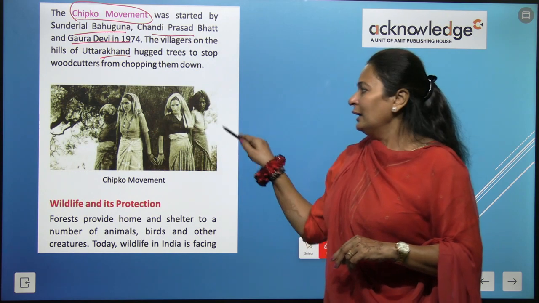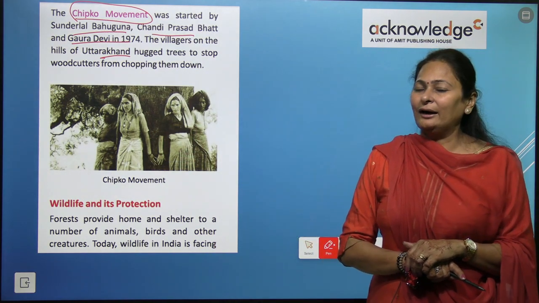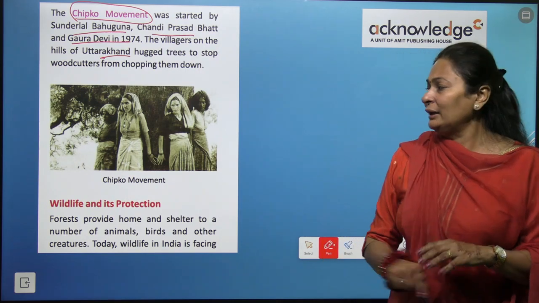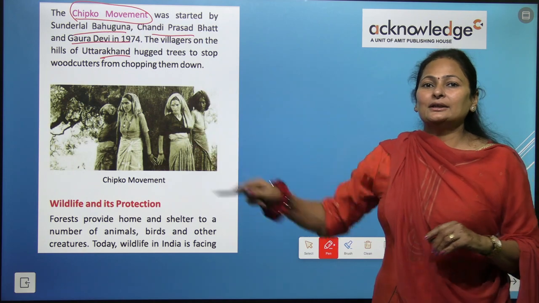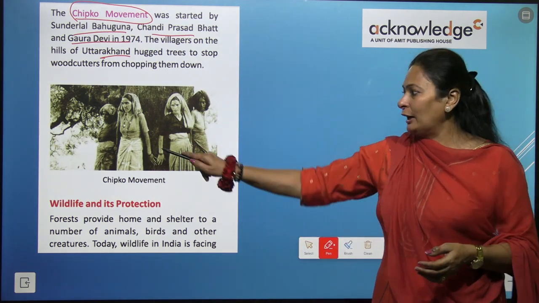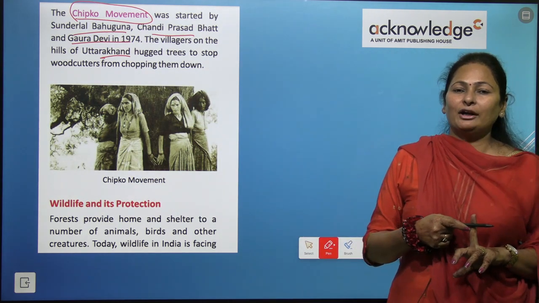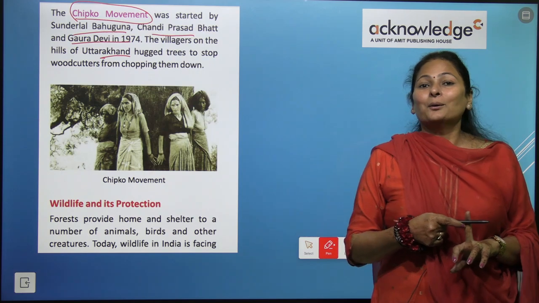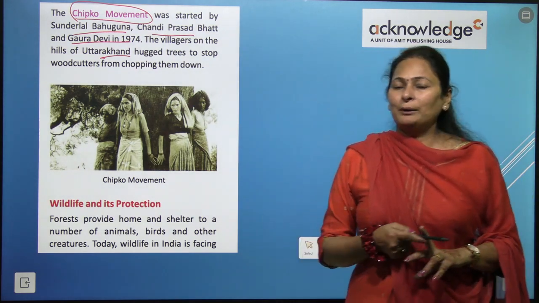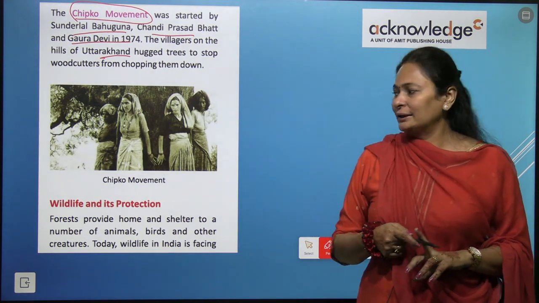You can see the villagers have hugged the tree so that woodcutters cannot chop it, right? So that is why it is called the Chipko movement. Now you can understand with this picture, and it was started in 1974 in Uttarakhand by Sundarlal Bahuguna, Gaura Devi and Chandi Prasad Bhatt, right?